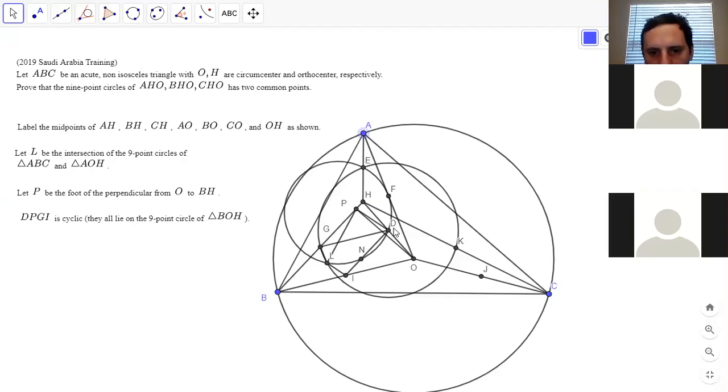So FLD is AOH. So I wonder, is triangle FLD half the size of AOH? Is FLD just half of AOH? I think it might be.